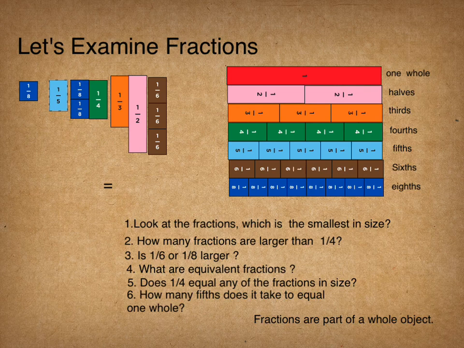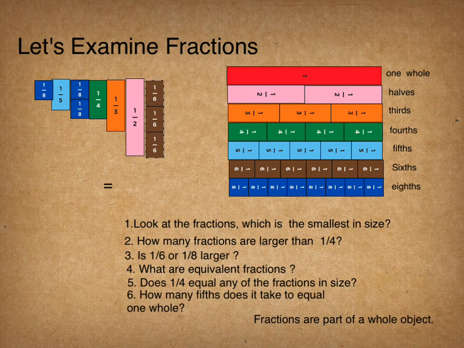And we have quite a few things we're going to talk about. So now we have them all together. So 1/8 is the smallest. Then we have 1/5. Then we have the 2/8, the 1/4. The 1/3 is the next largest. The 1/2. And the 3/6.